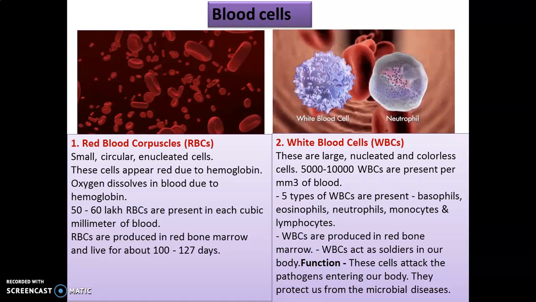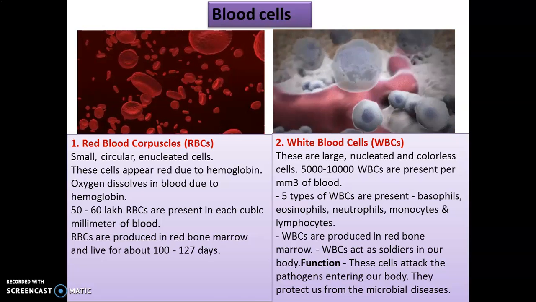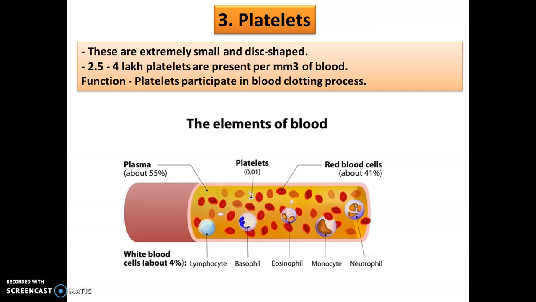So white blood corpuscles are very important because they are protecting our body. Then we have blood platelets, which are extremely small and disc shaped, around 2.5 to 4 lakhs per cubic millimeter of blood, and their function is that platelets participate in the blood clotting process, which is very important.